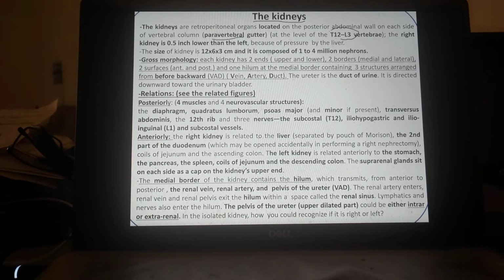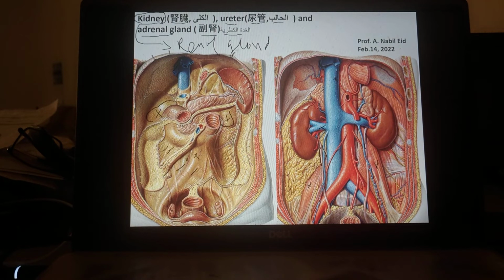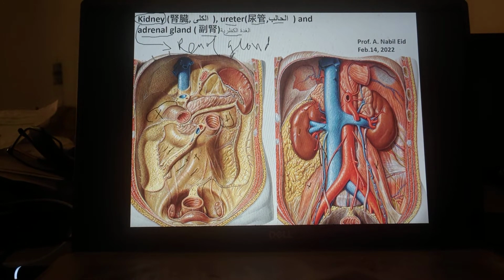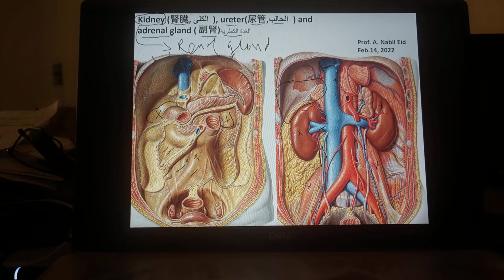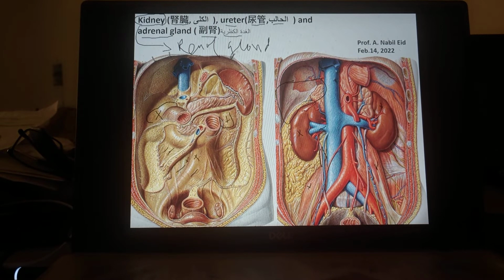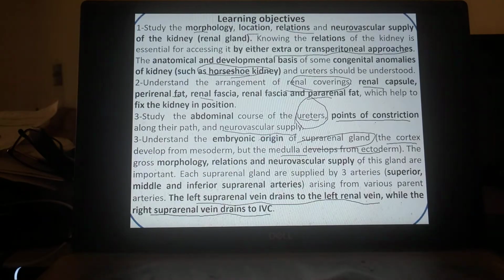It lies between thoracic 12 and lumbar 3 vertebrae. The right kidney, as you see here, is lower in position than the left kidney, because the liver can press the kidney down. So the left kidney is usually higher than the right by about half an inch.